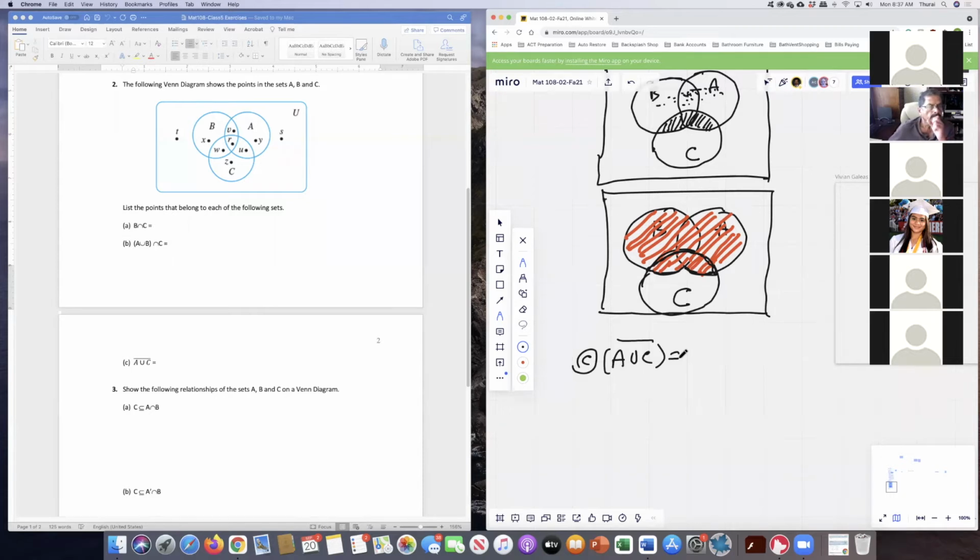Or would that be opposite? R and U. So would it be everything in C and everything in A? That would be the A union C, but what we are trying to find is the complement of A union C. Complement, everything that is not in A union C.